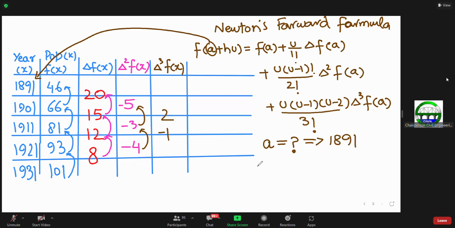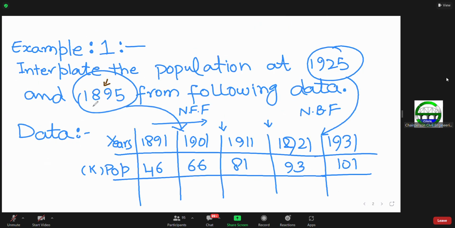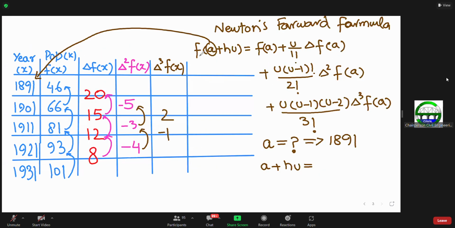So you want a plus hu to be equal to f of a plus hu, because you want to find the value at 1895, so f of 1895. So a plus hu should be equal to 1895.